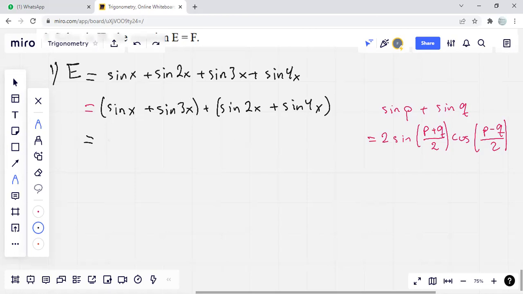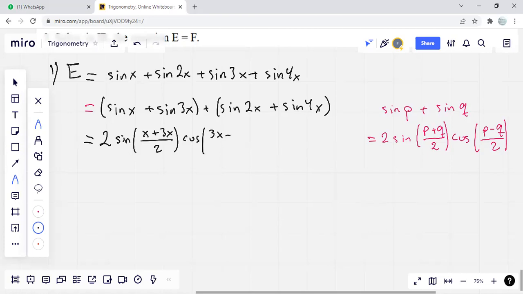So we will have 2 sine of p plus q over 2, so x plus 3x over 2, times cosine of p minus q all over 2. So p minus q will be 3x minus x.